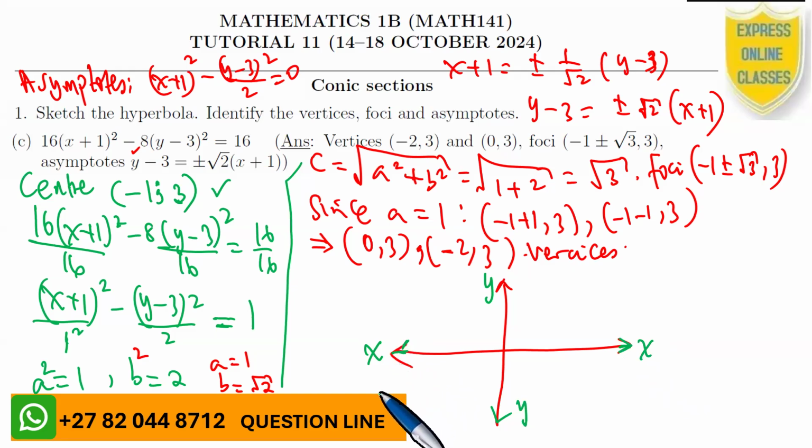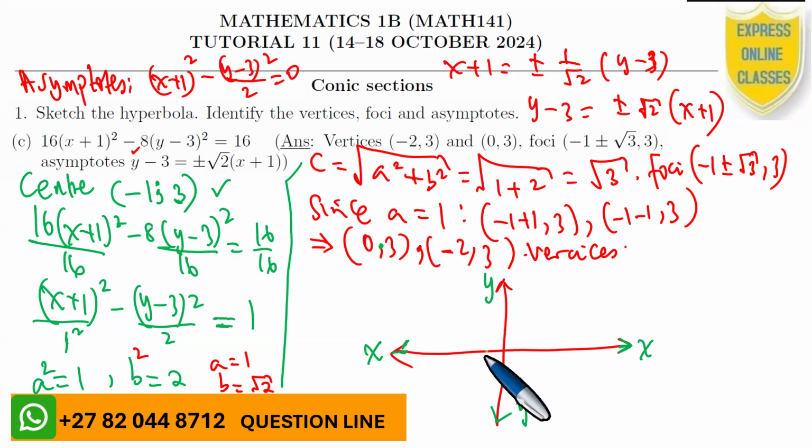So now, in order to actually note the vertices, where is this point?